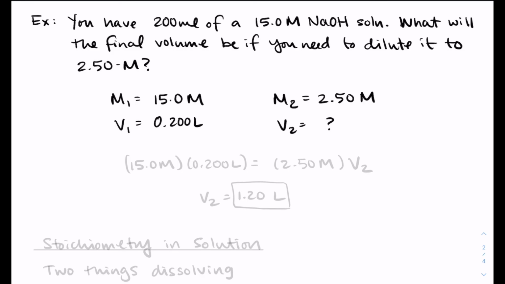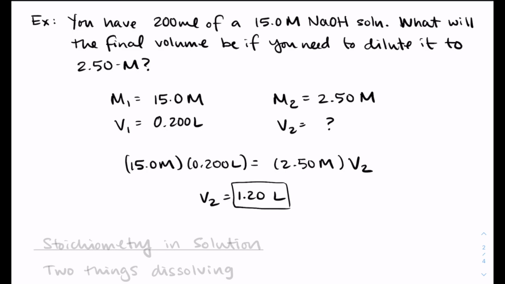So what volume do I need to get to have that concentration? So my M2 is 2.5, and then my V2 is the unknown. So V2, when you calculate this, comes out to be 1.20 liters. Now, this is maybe helpful, right?